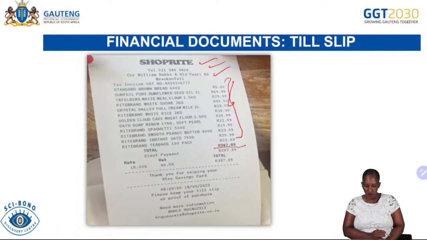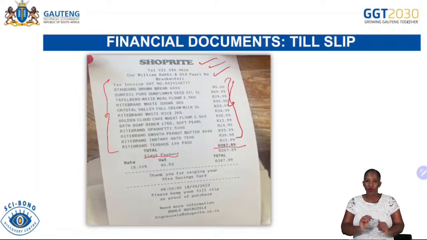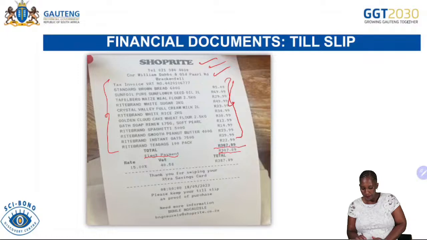How much did they cost you? So here are the goods that you have purchased, how much each item is, and then the method of payment. This person paid using electronic payment, meaning they paid using a card, and then how much did they pay, and then now the total.